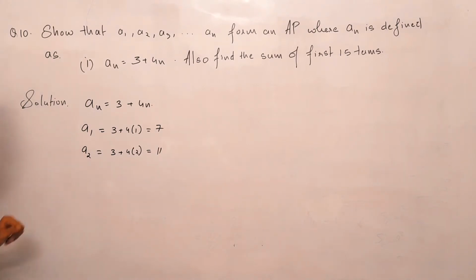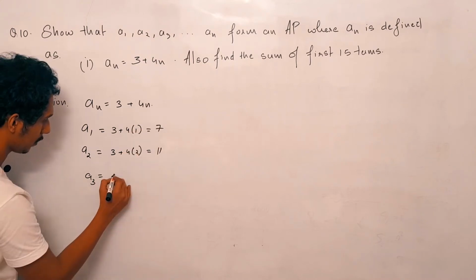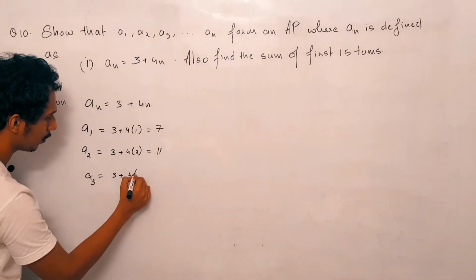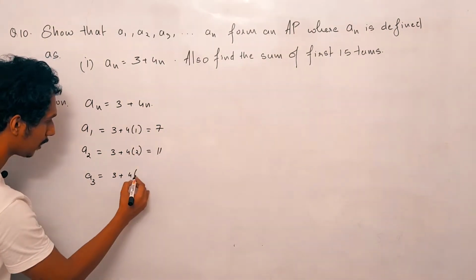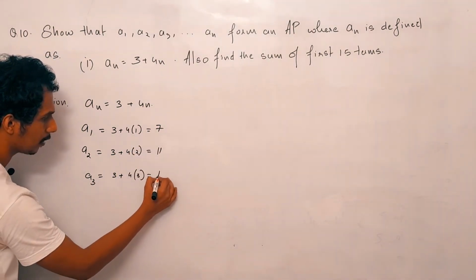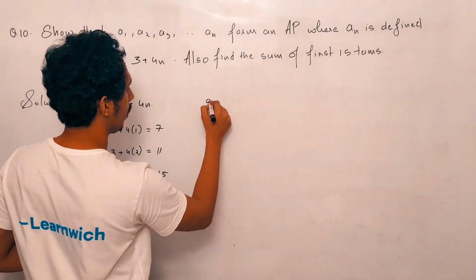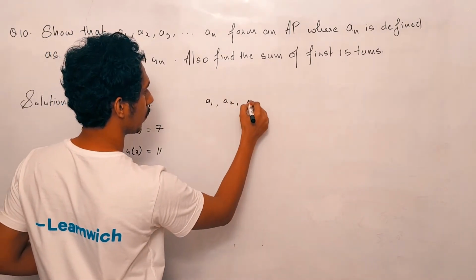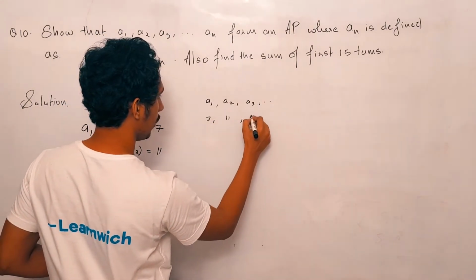Right. Now find the next one. a3 equal to 3 plus 4 into, in place of n, what will it be? It will be 3. Okay, it is 15. So you get a1, a2, a3 as 7, 11 and 15.